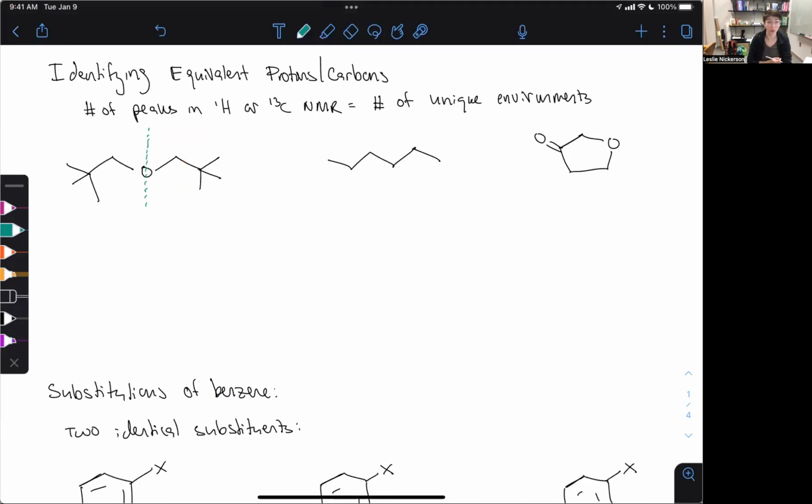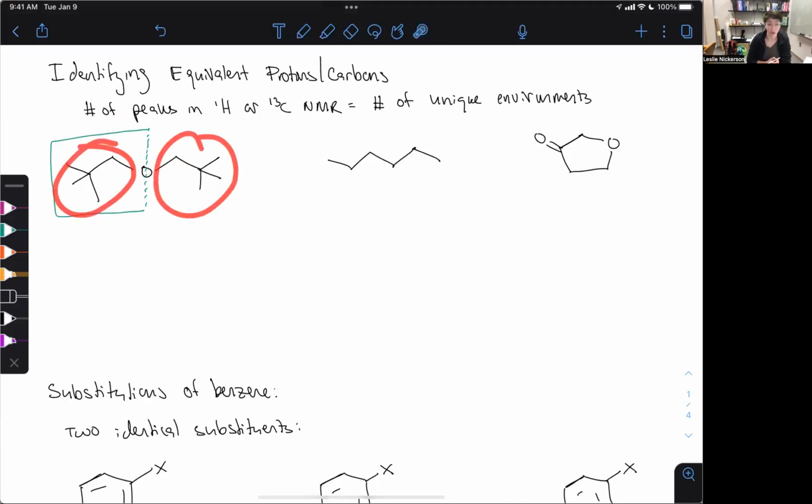My main mirror plane for the whole molecule is cutting right through the oxygen. So all we need to do is look at one side of that molecule. Whatever's on this side is going to be mirrored over here, so we really just need to look at what we have going on in here. We're looking for unique proton and unique carbon environments.